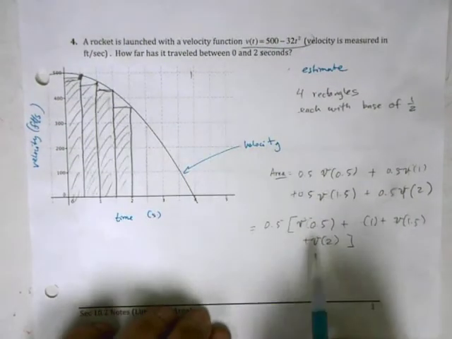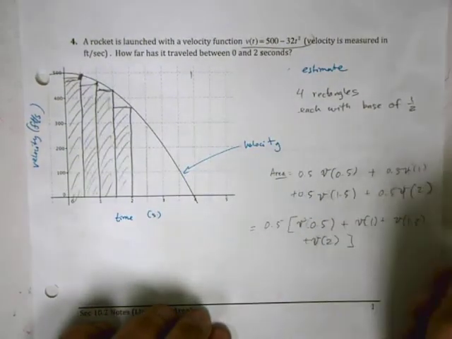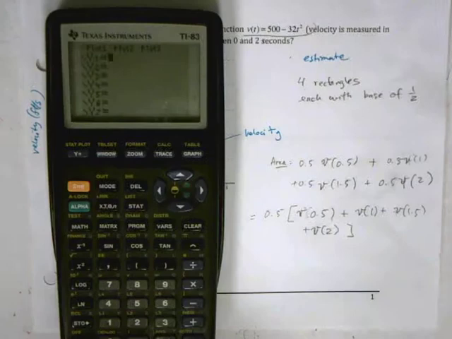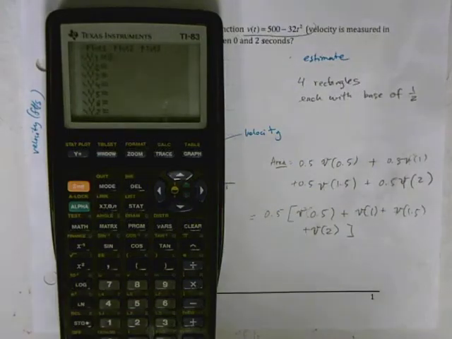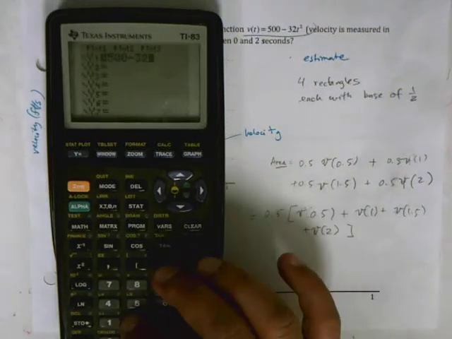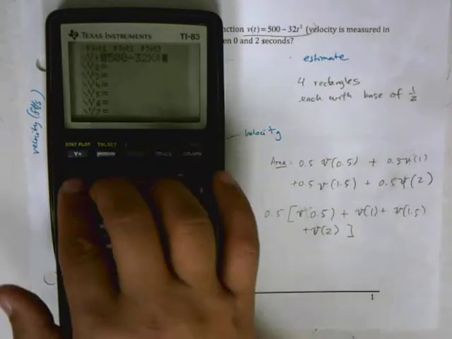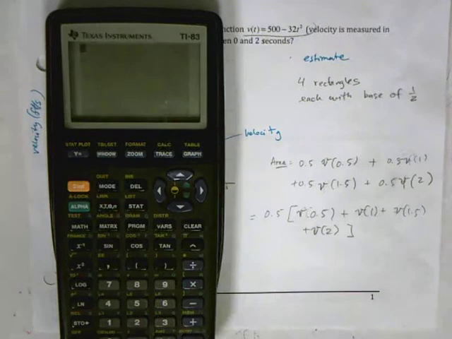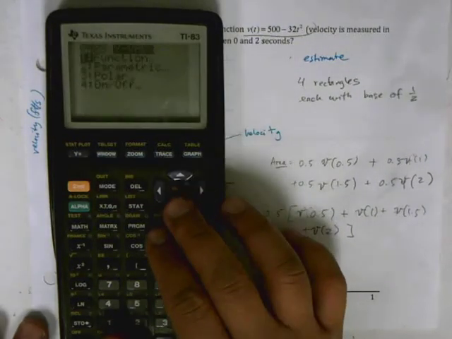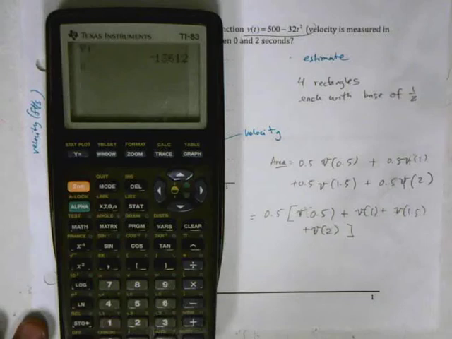And then I can type all of these values into the calculator, and it'll help me find my answer. So I got my trusty TI-83 here. Type in the equation 500 minus 32x squared, and I'm going to exit out of there. And we're going to use the variable feature here: vars, y-vars, function, y1.